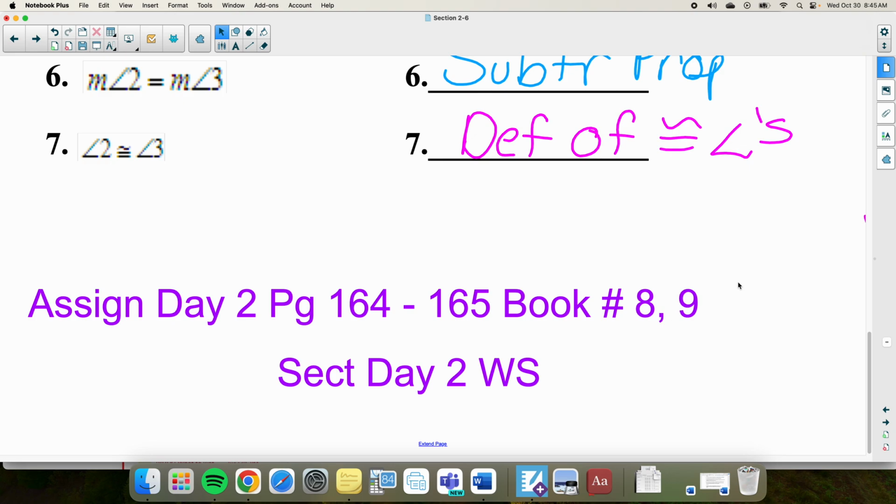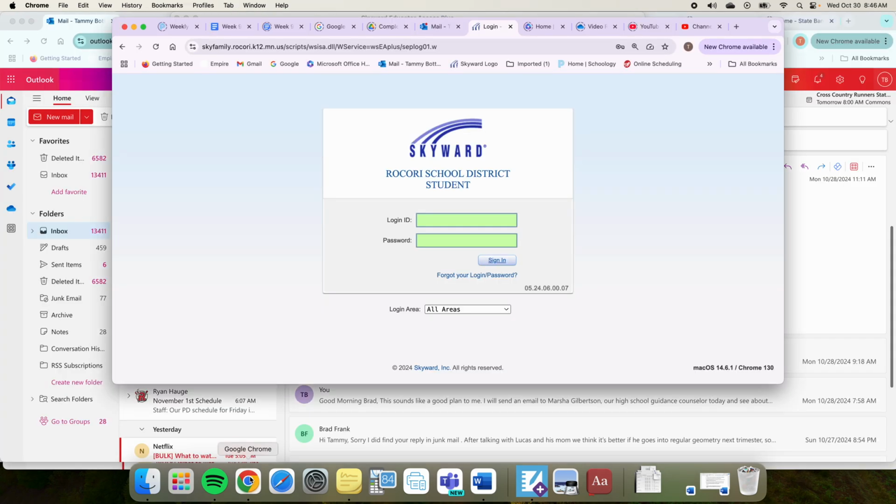So do the 2 book problems on notebook paper. If you're copying it out of the book, do the given, do the proof, do the diagram, statements, reasons. We only have to do 1 through 9? 8 and 9. Oh, so the whole thing. So we don't have to do 6 and 7? Do we not have to do 6 and 7?